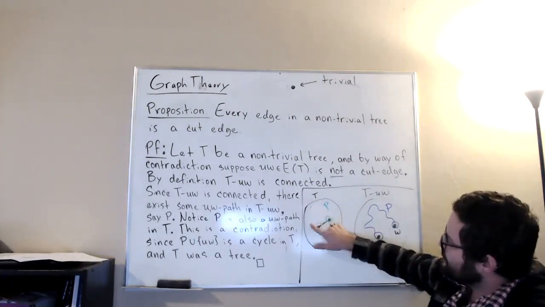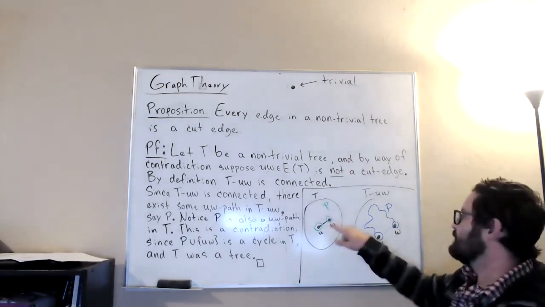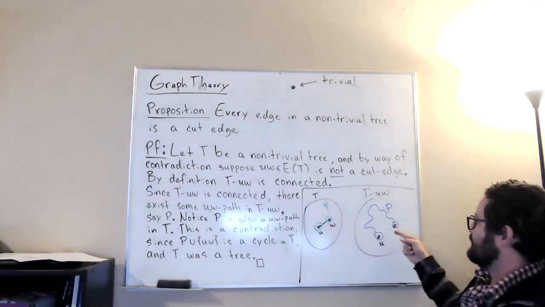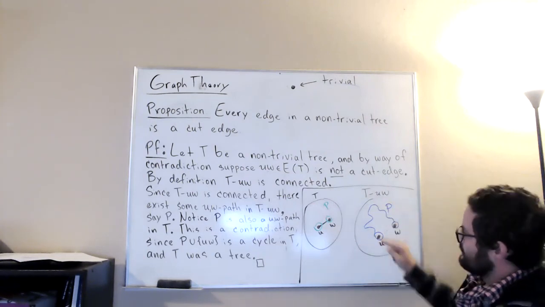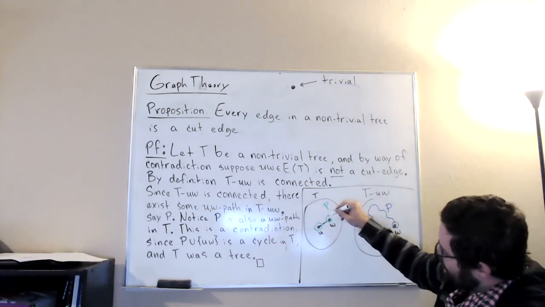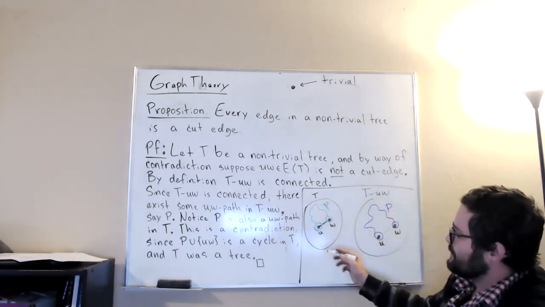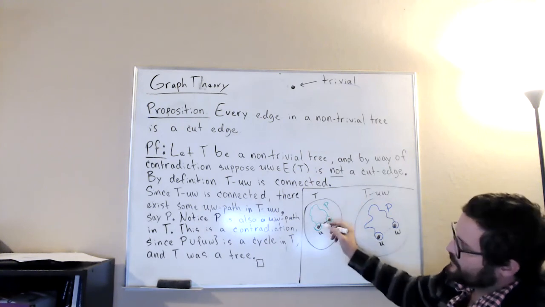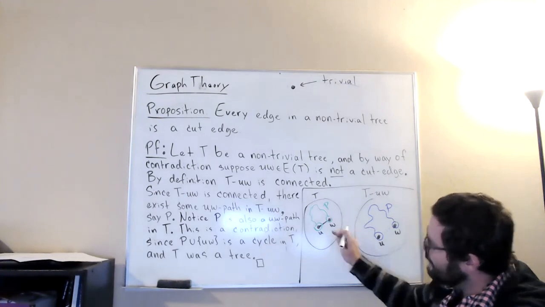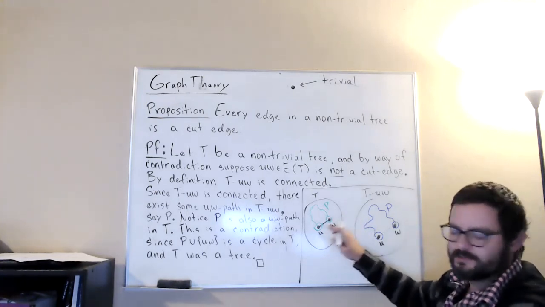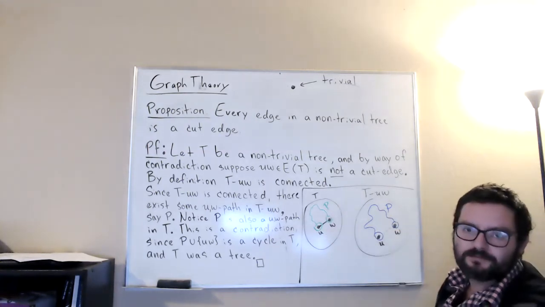If we assume that that's not a cut edge, then when we remove it, there has to be a path between U and W that doesn't use that edge, right? But if we look back at the original graph, that path didn't use that edge UW. So if we connect it, we form a cycle, which is impossible. So it most definitely must have been a cut edge, since otherwise we can literally construct a cycle in the original graph.